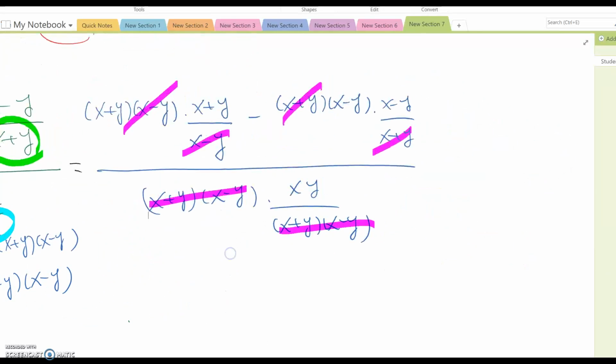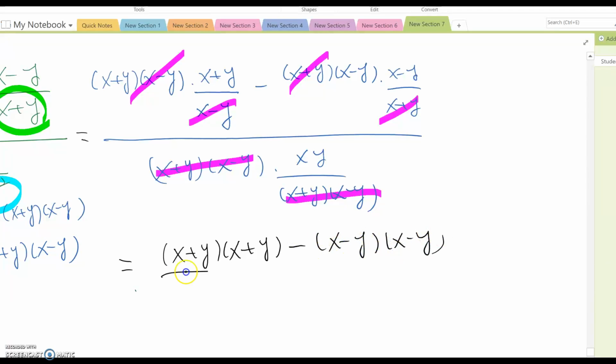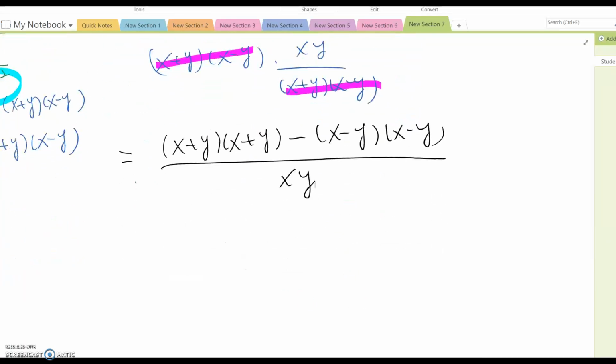Okay, then what are the remaining factors? Yes, so (x + y) times (x + y) minus (x − y) times (x − y), over xy. So let's simplify the numerator.